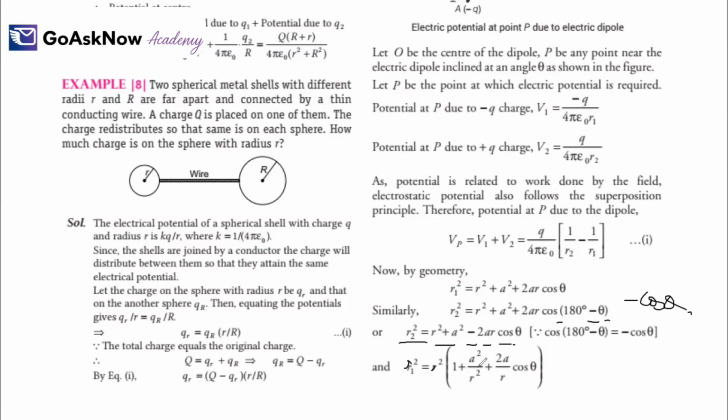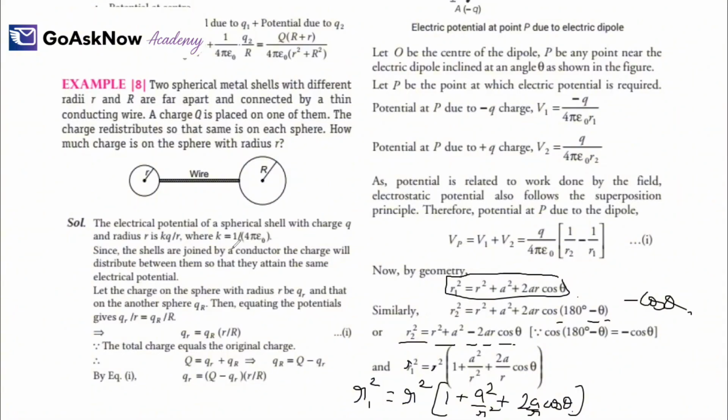It comes like this after taking the small r square common. You are remaining with 1 plus A square by R square plus 2A by R cos theta only.